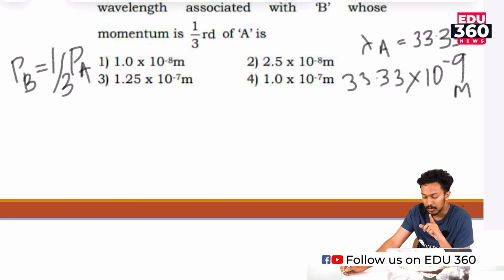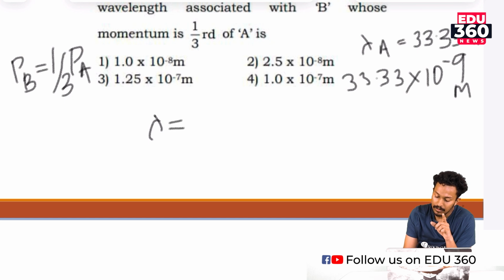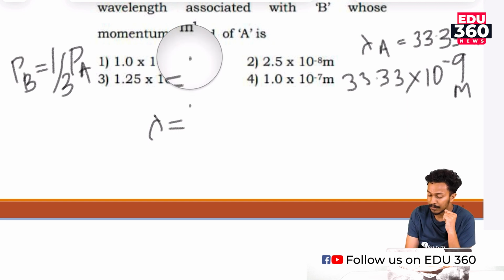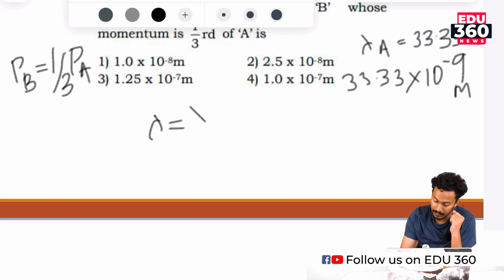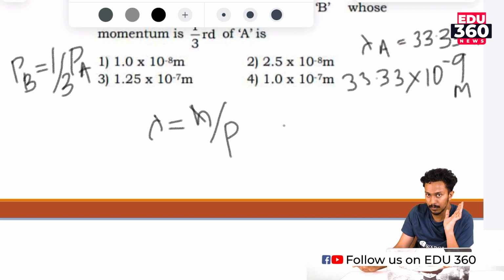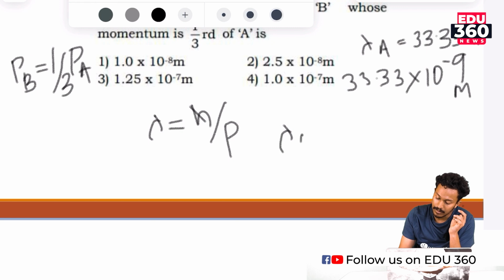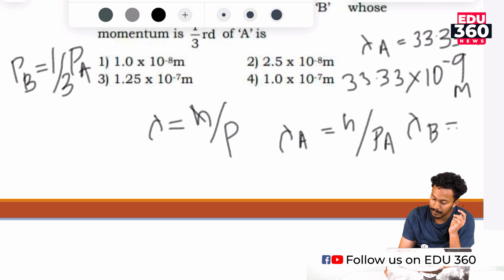According to de Broglie's law, we do know that the wavelength associated with a particle is inversely proportional to the momentum. We have Planck's constant with that and P. Okay, this is de Broglie's wavelength, and we could write that wavelength of A is equal to h by PA, and wavelength of B is equal to h by PB.